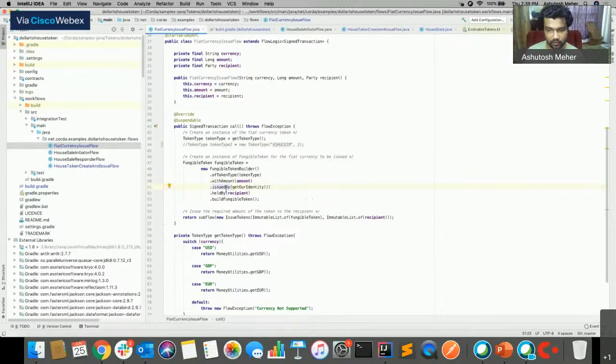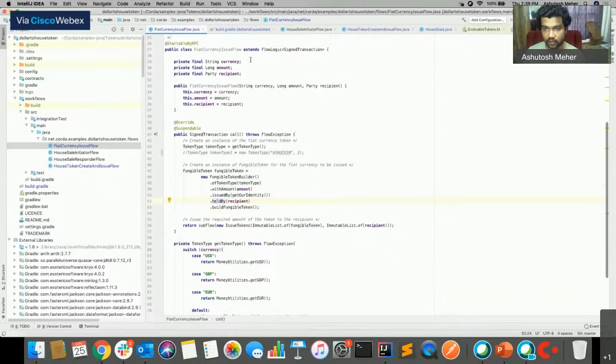And then you just say who the issuer is. Obviously, whoever is calling this particular flow is the issuer, so we are using getOurIdentity. And then you say who should be the holder of this particular token, and that's the recipient, which will be passed in as a party by whoever is triggering this flow.